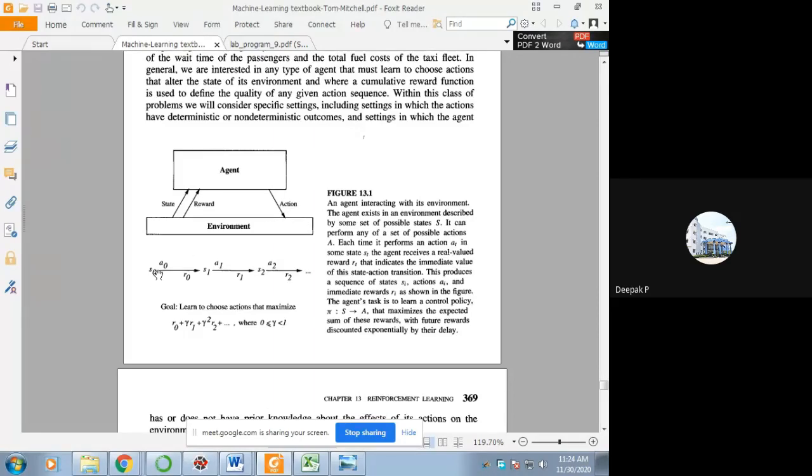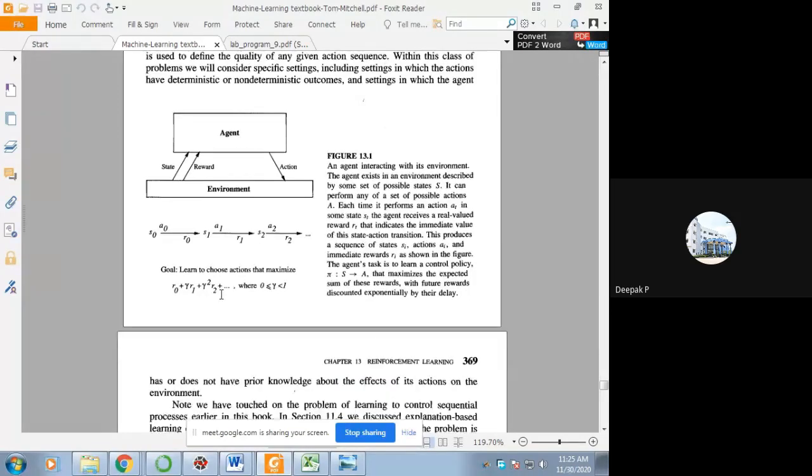That is represented here: S naught is my initial state, A naught is my action 0, and R naught is my reward value. It will be applied continuously over all the different states, and the different reward values will be updated. The main goal or objective is to choose actions that maximize the solution.